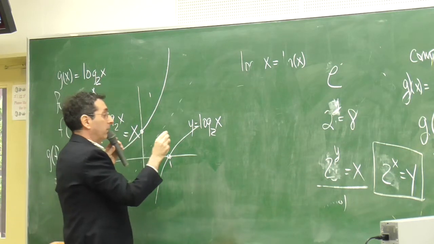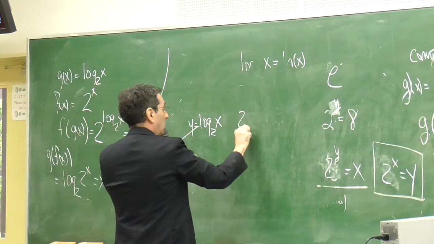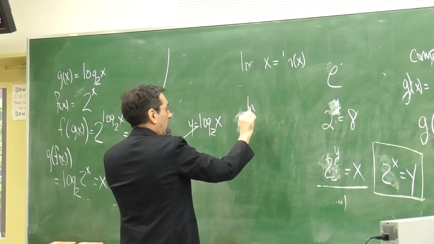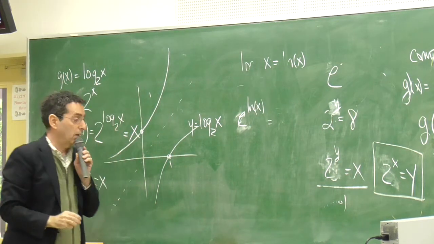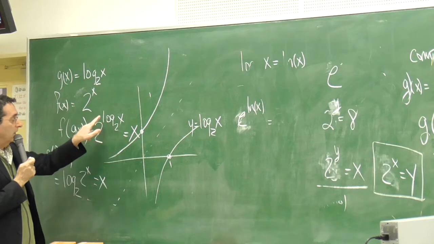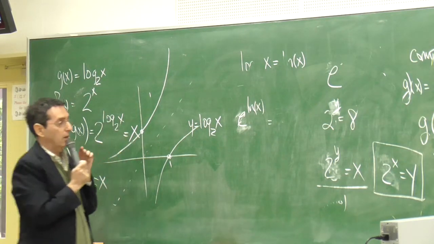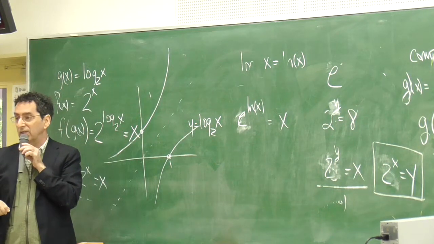Okay, so we get 2 to the ln, no, sorry, e to the ln x equals what? E to the ln x gives us x, just as those are inverses.